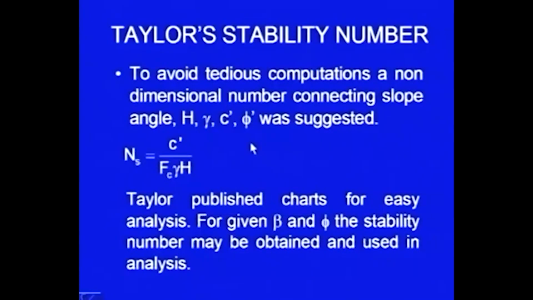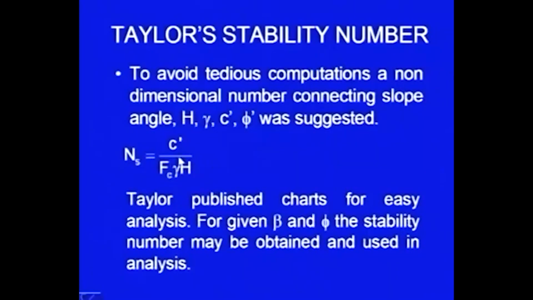Now, this is a tedious procedure, and to avoid these tedious computations, a non-dimensional number connecting the slope angle, h, gamma, c dash, phi dash has been suggested. We have already discussed this, it is called the stability number.